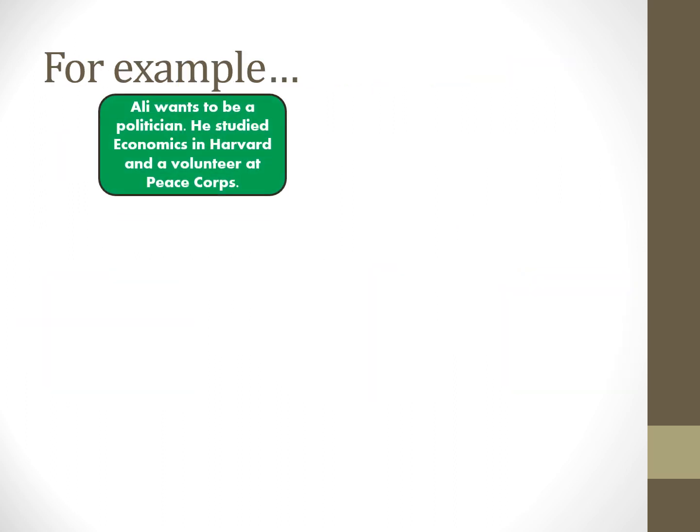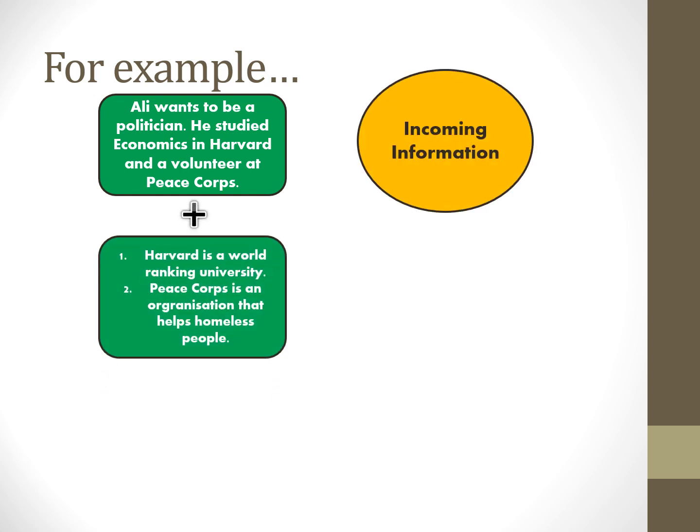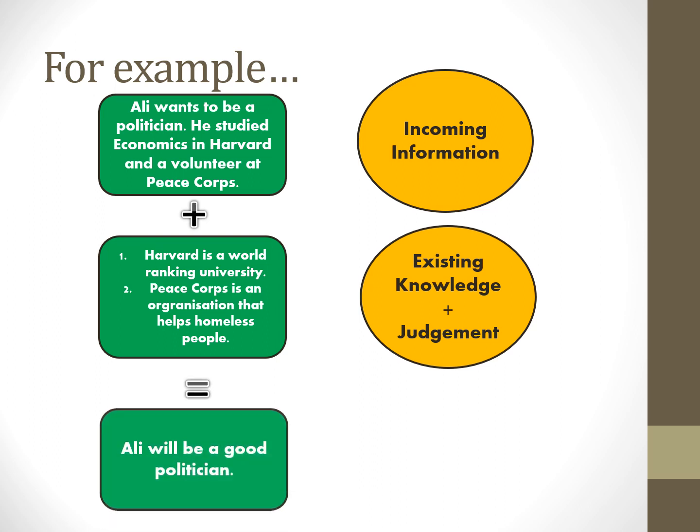So let us look at the example again. You have this as your information just now. So that is your incoming information. Harvard is a world-ranking university. Peace Corps is an organization that helps homeless people. This is basically our existing knowledge and judgment, and therefore Ali will be a good politician.